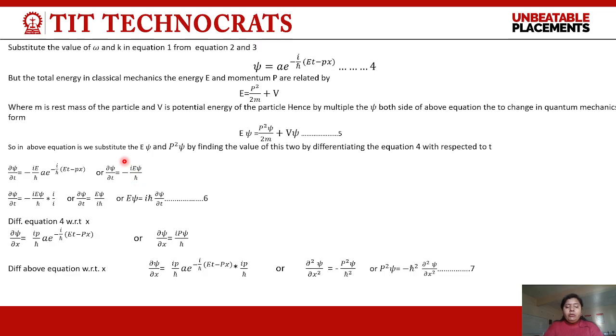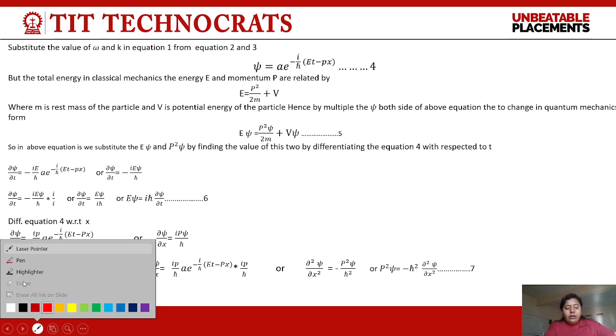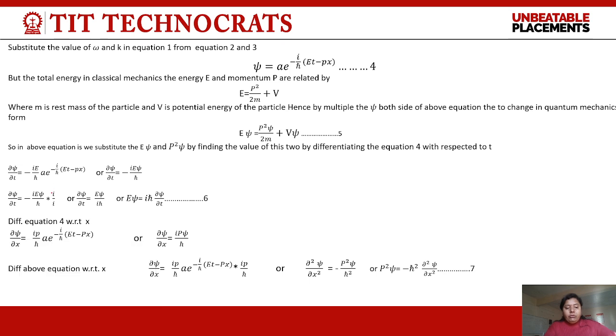Here I am saying i, but it is an imaginary number, so it is iota. We got the iota here. Once I have the iota, if I calculate the value of E psi from this equation, what will I get?